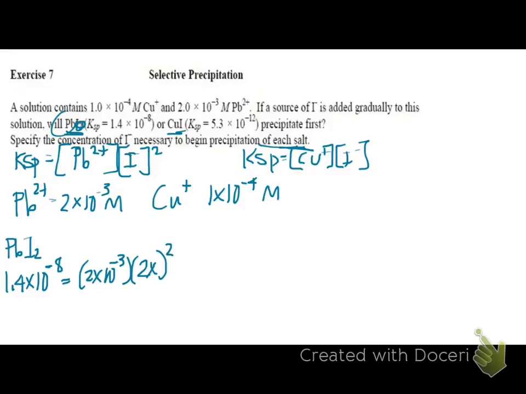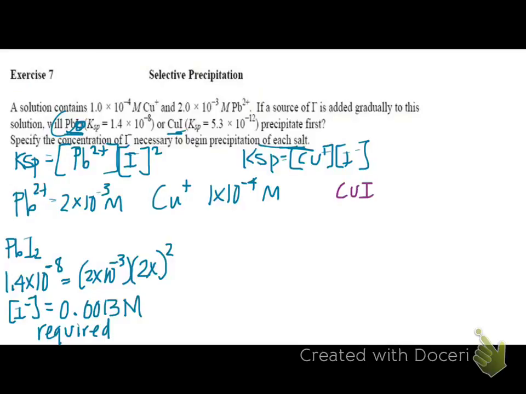So when we do that math, we get that the iodide concentration required to precipitate is 0.0013 molar. Now let's do the same thing for the copper iodide.